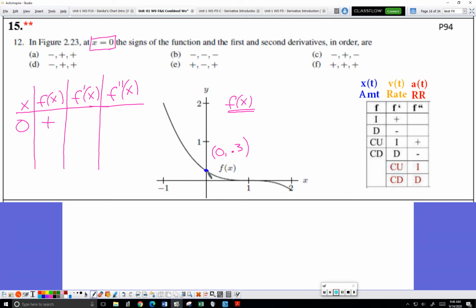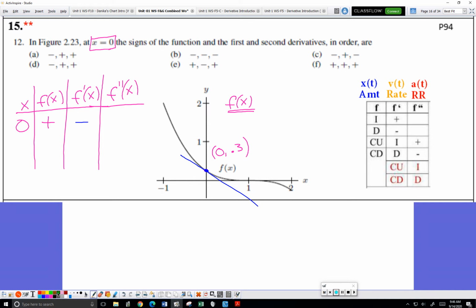So that tangent slope, right there, that tangent slope is negative. Done. Questions? Cool.